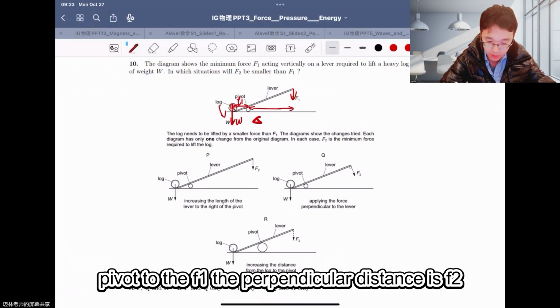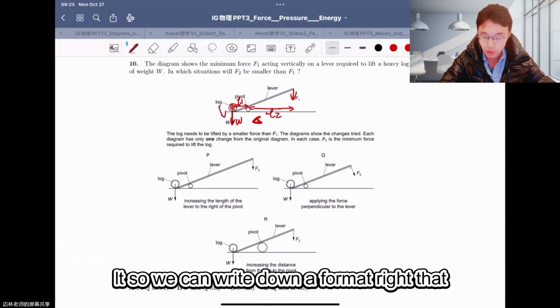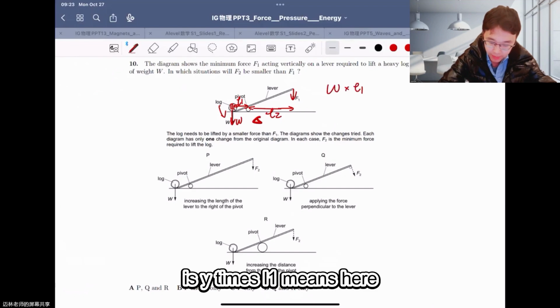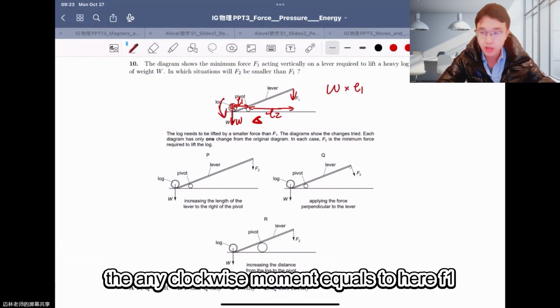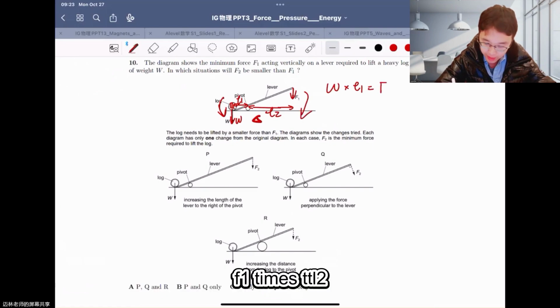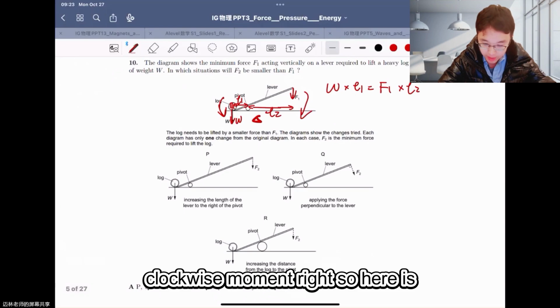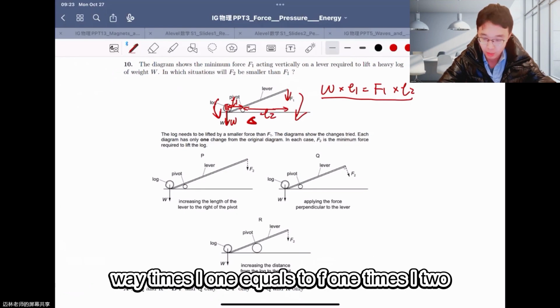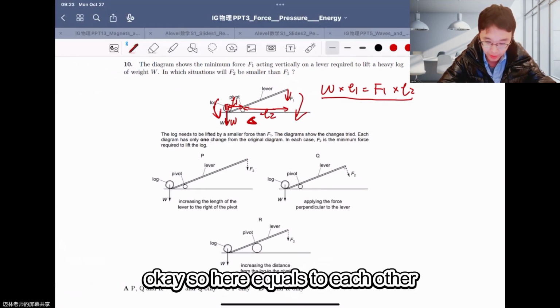From the pivot to F1, the perpendicular distance is L2. So we can write down a formula: W times L1, the anticlockwise moment, equals F1 times L2, the clockwise moment. So they equal each other.